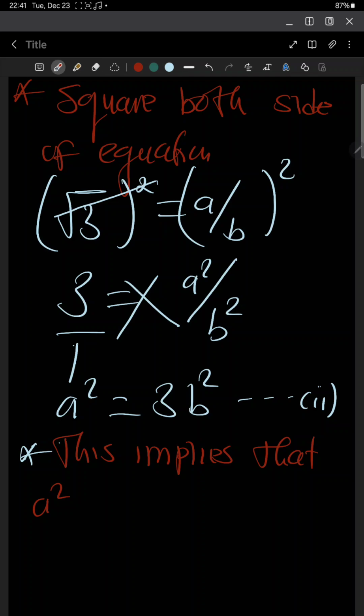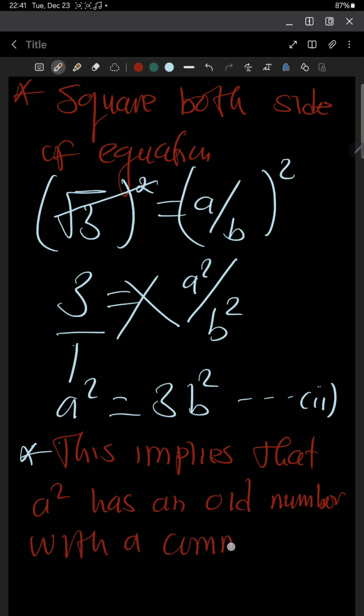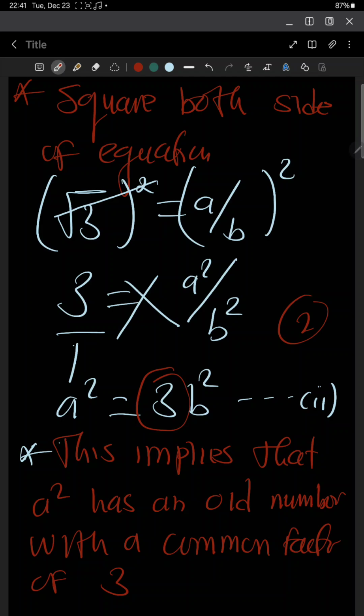So this implies that A square is an odd number, because 3 is an odd number, with a common factor of 3. The common factor is this number.